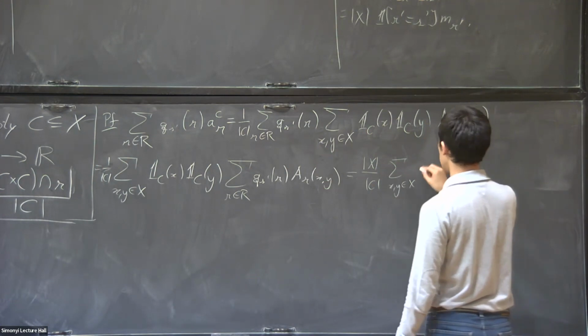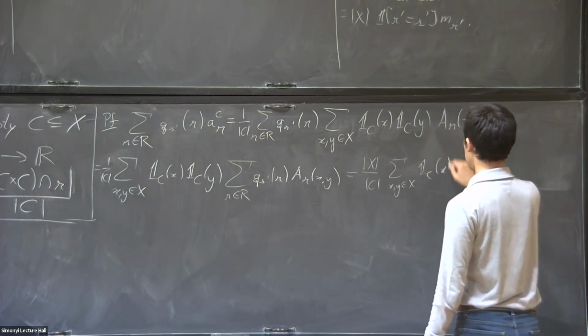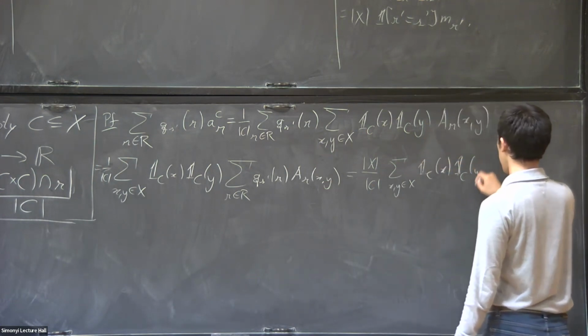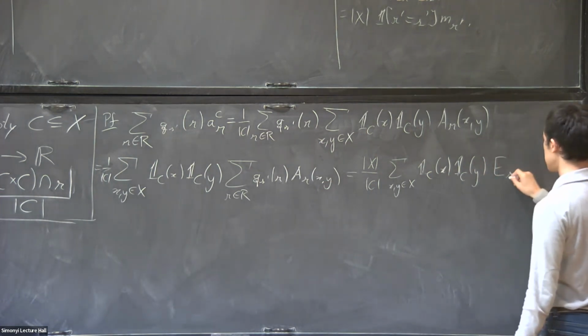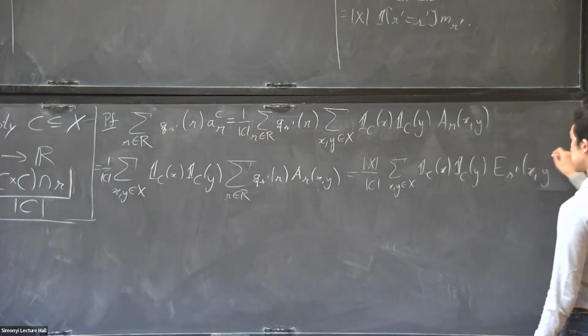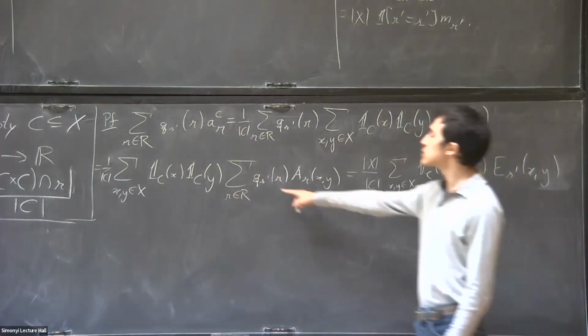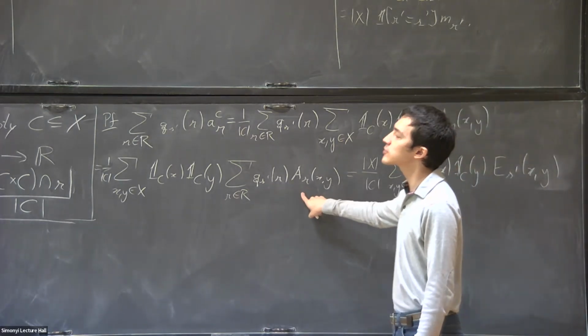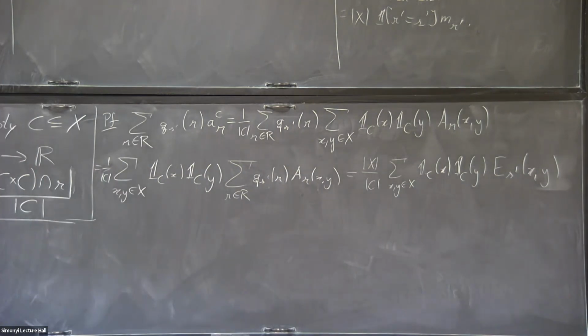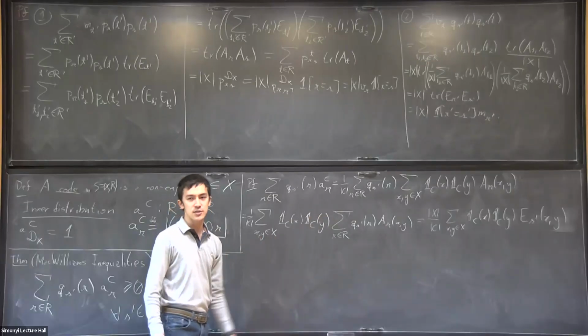You just get the E matrix in disguise. When you write the matrix, that's the XY entry of the matrix. So this is just a Q combination of the A matrices, which supposedly is just the E matrix, except that I'm missing the 1 over |X|, so I just adjusted that.